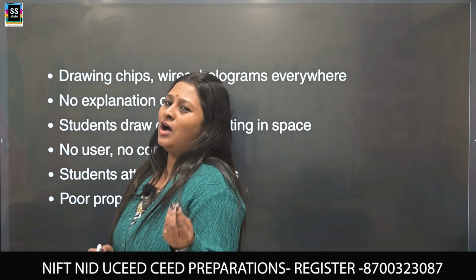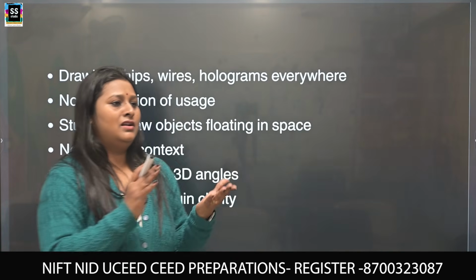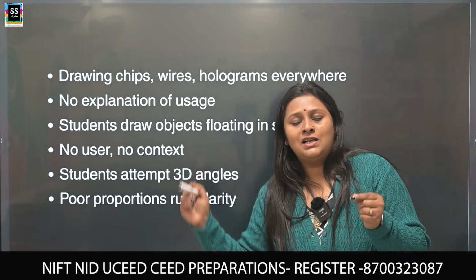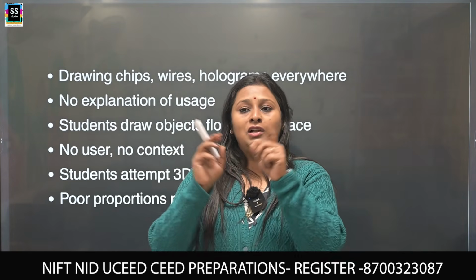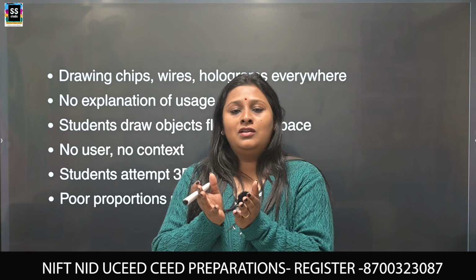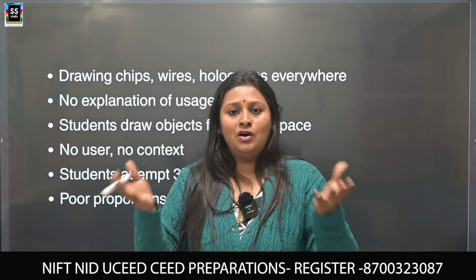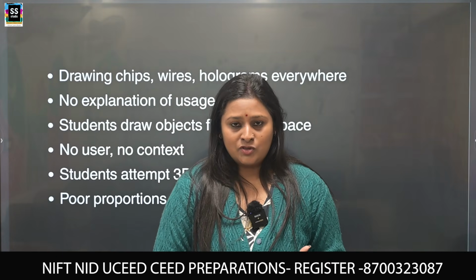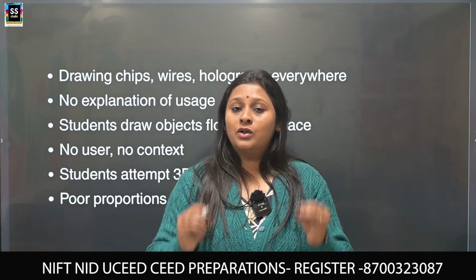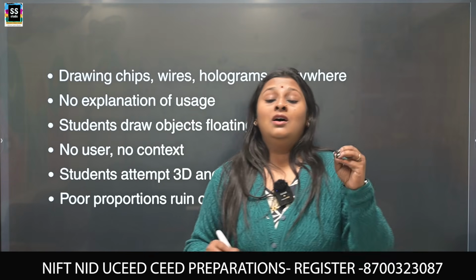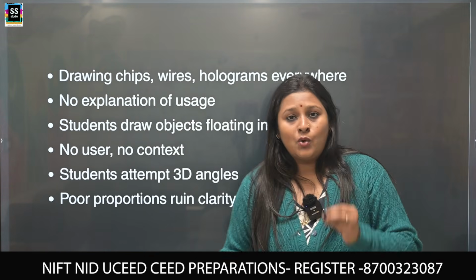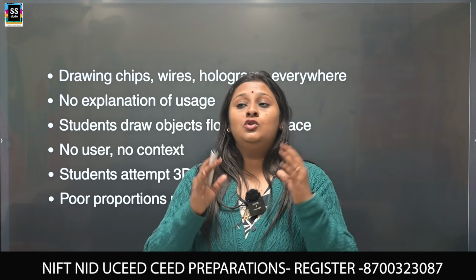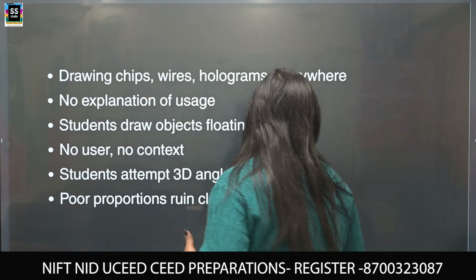If you are making a bottle or a tiffin box, and you're not able to make it with a straight line or proportion, or if the lid of the whole tiffin box is bigger than the whole body, then there's no point, because you are lacking proportions. So it's very important to work on your skills. If you have not worked on object drawing, you are lacking here, because in futuristic designs you usually end up making objects.